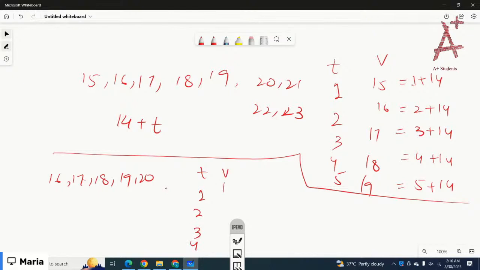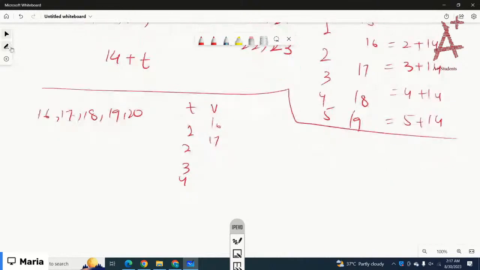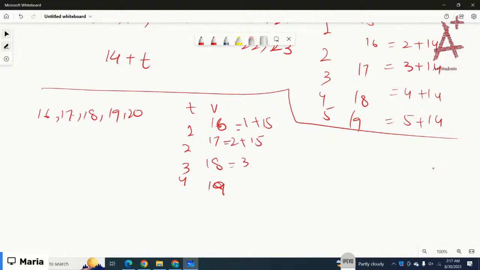The values are 16, 17, 18, and 19, right? So you can see 1 plus 15 makes 16. Then 2 plus 15 makes 17. Then 3 plus 15 makes 18, and then 4 plus 15 makes 19, right? So these are the term values.